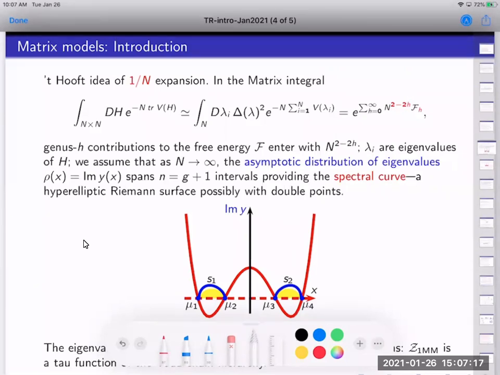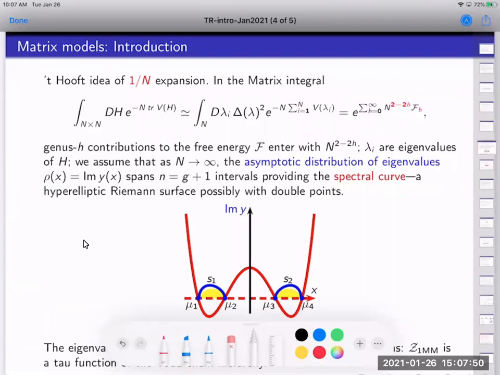Basically, this also means that the corresponding spectral curve, as we know, if I come back to the previous slide, might have a non-zero genus. So in the one matrix model, the genus is defined by the distribution in the physical plane, because I have just 2 copies of the plane.